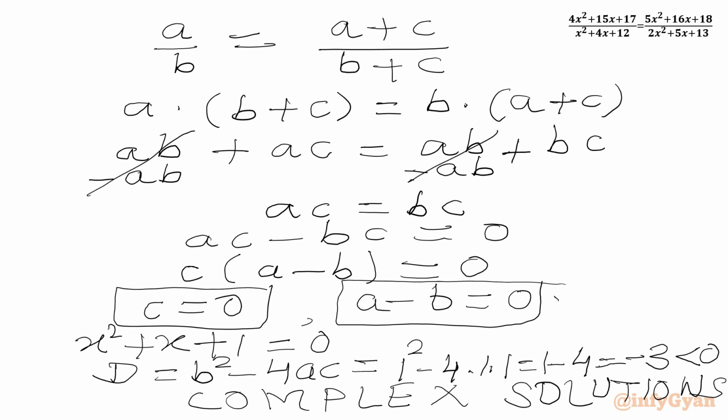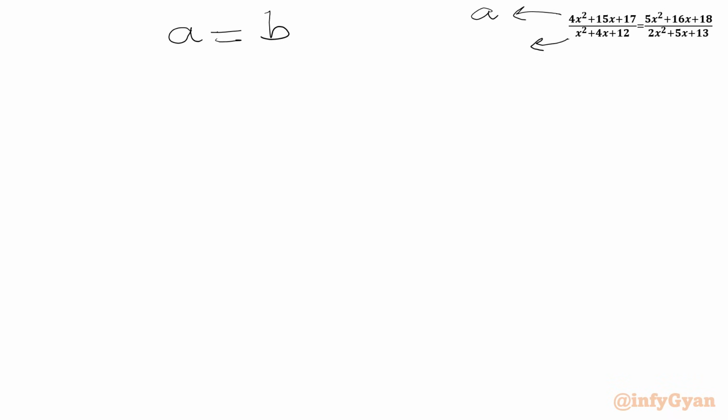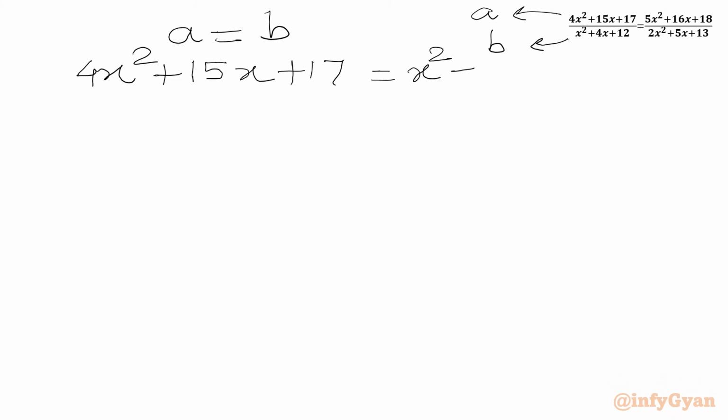Now the turn of the second equation, A − B = 0. So I will write here A = B. Now A was our numerator and B is the denominator. So we can write 4x² + 15x + 17 will be equal to B, which is the denominator, x² + 4x + 12.